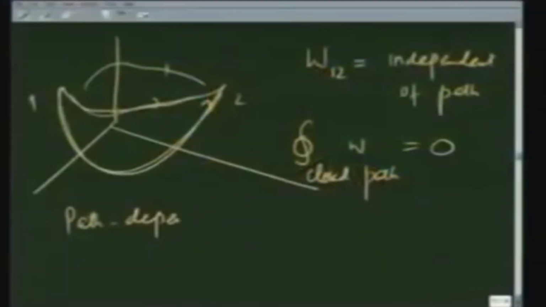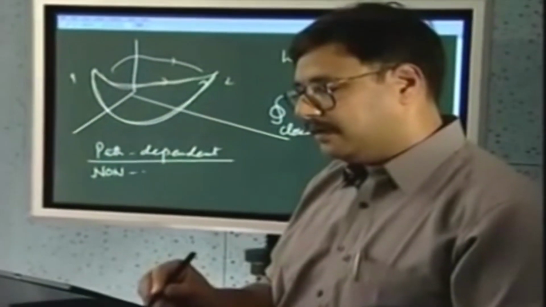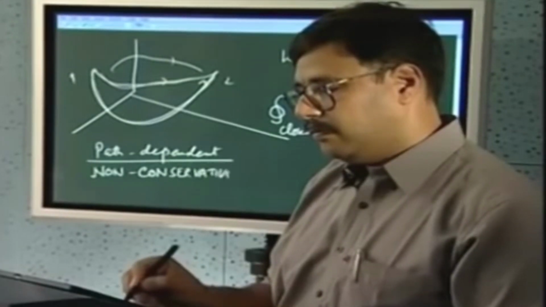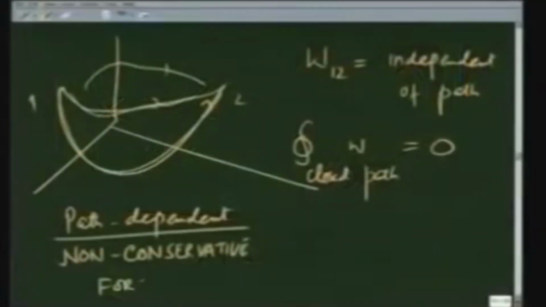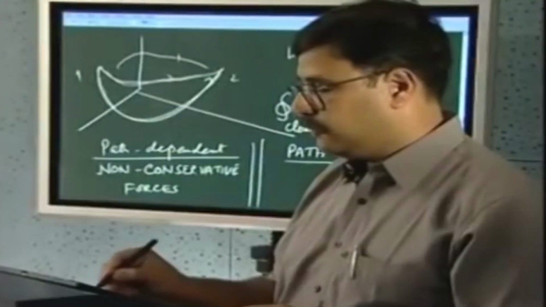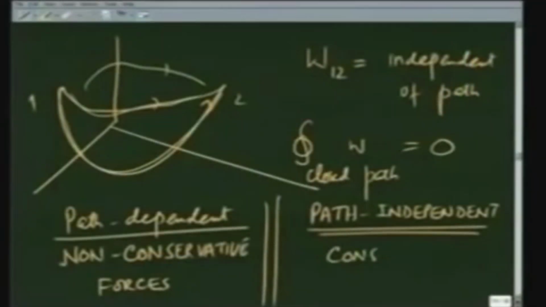So we have seen two cases. In one case the work may depend on path, in the other case work may not depend on path. The cases where work is path dependent are known as non-conservative forces, whereas when work is path independent, these forces are known as conservative forces.